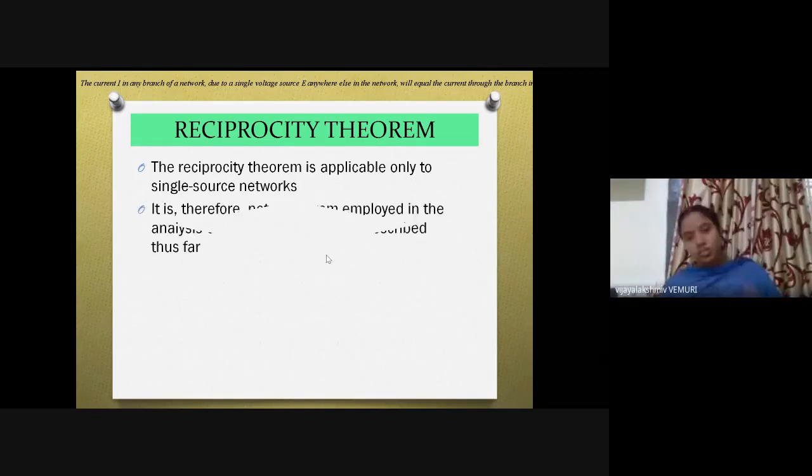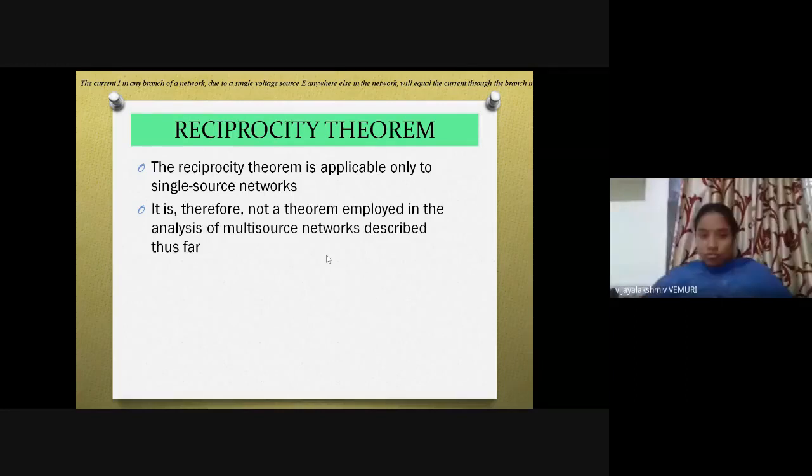It is therefore not a theorem employed in the analysis of multi-source networks described thus far. That means in Norton's theorem, Thevenin's theorem, maximum power transfer theorem, all the theorems, we have a voltage source, current source, or two voltage sources or two current sources like that. So n number of sources, we can apply all those theorems.